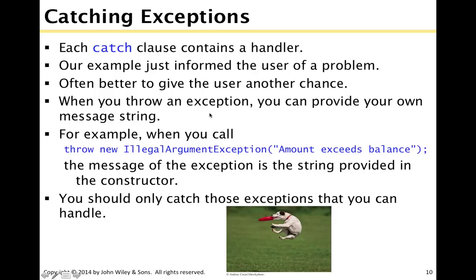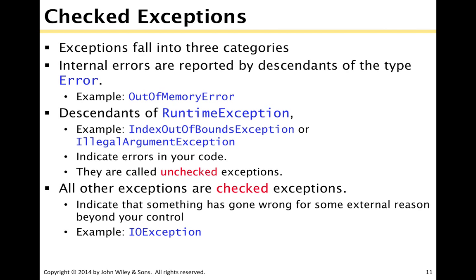Each catch clause contains a handler. You can provide your own exception. For example, you can throw by creating an exception object. You can throw your own exception as well.